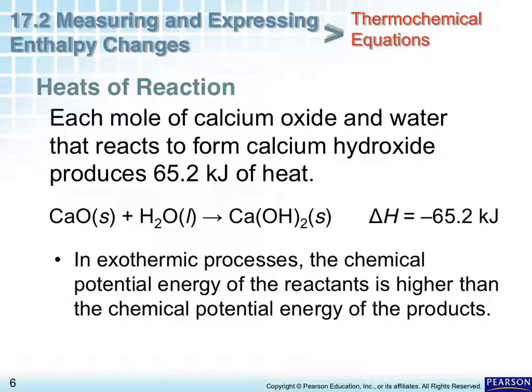So for heats of reaction, we understand that it is related to the molar amounts or the mole ratios. So for every 1 mole of calcium oxide, I get 65.2 kilojoules of heat. So we notice the delta H is negative because the energy of the reactants is higher than the energy of the products.